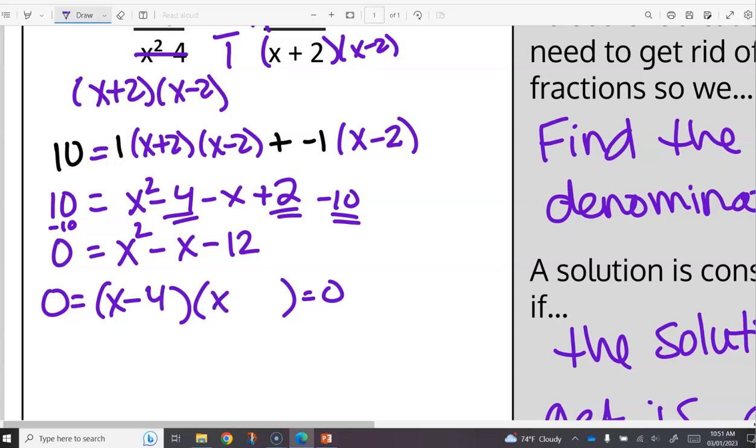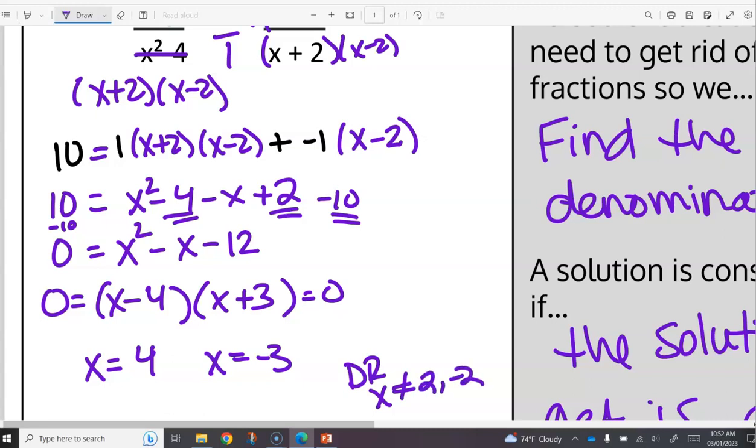Negative 4, positive 3. So x equals what? Positive 4 and negative 3. I'm not going to circle them. We need to make sure that I can actually use these answers. What is my domain restriction? X cannot equal 2 or negative 2. So am I okay? Yes, we're fine.